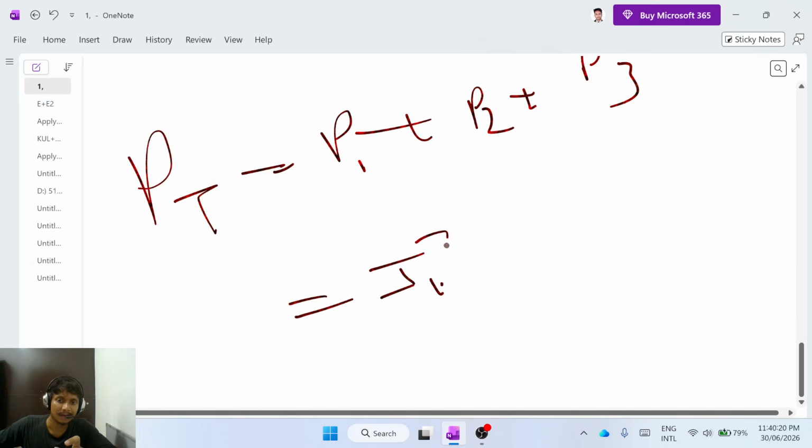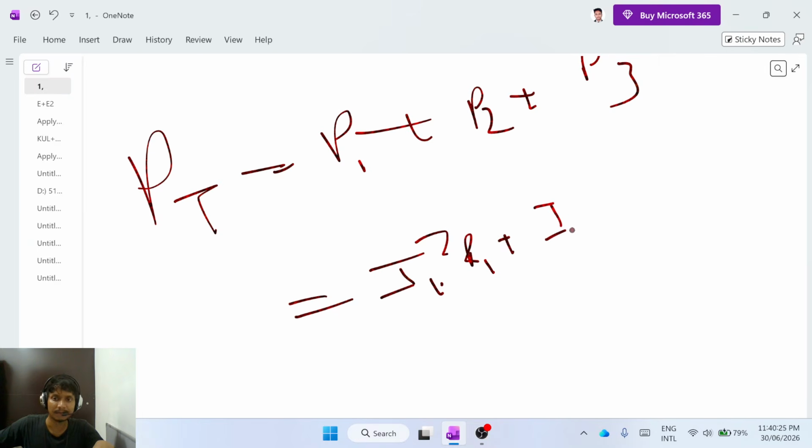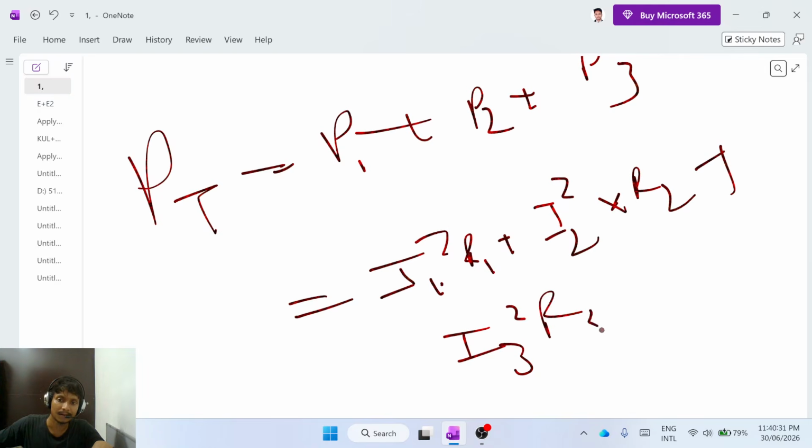That is I1 square R1 plus I2 square R2 plus I3 square R3.